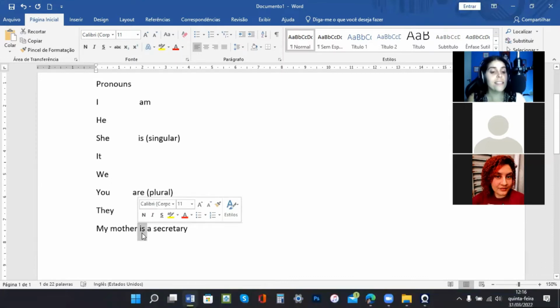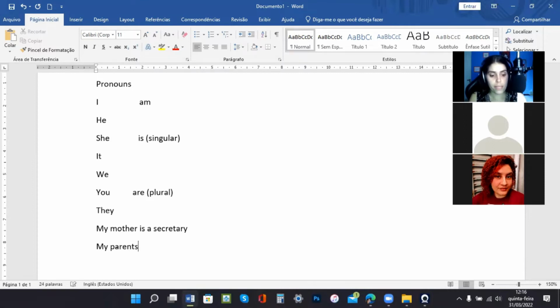Here, it is necessary to use is because my mother is singular. A minha mãe é singular, é uma pessoa só. Então, o correct verb to be is. But, if I say my parents, se eu falar meus pais, my parents, aí o verbo to be já é o are.